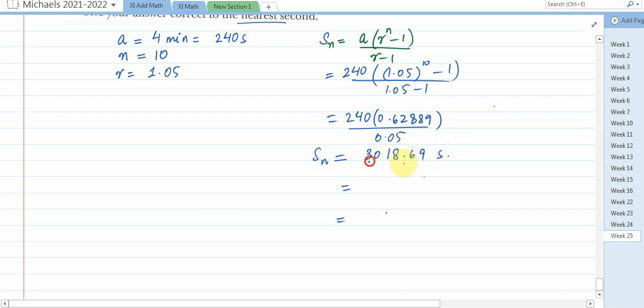We need to divide it by 60. So we got 50.31 minutes, right? Again, we need to convert that 0.31 part into seconds. So I can say that it's 15 minutes and 0.31 times 60 leads to 18.6 seconds.